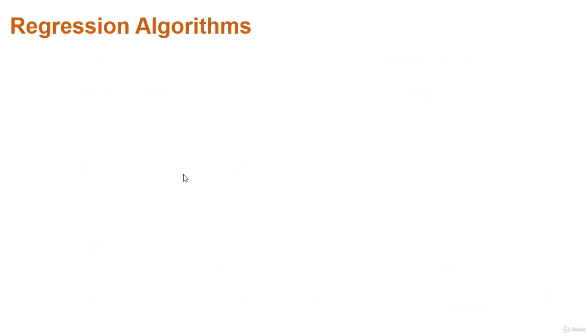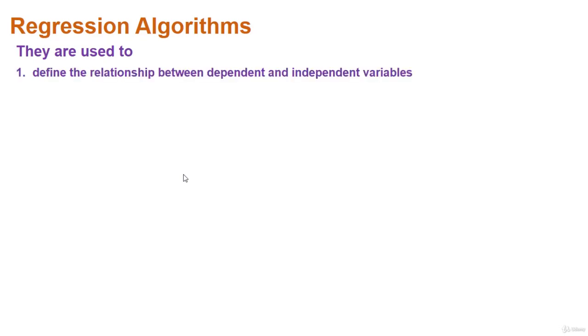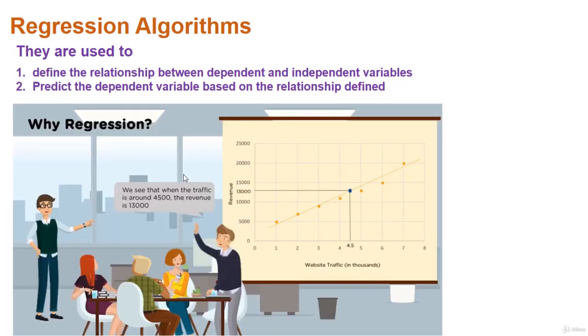So let us look at the regression algorithm. Regression algorithms are basically used to define the relationship between a dependent and an independent variable, and they are used to predict the dependent variable based on the relationship defined. Suppose you're working for a company that has a website, and this website brings revenue depending on the traffic. This is an example of a regression algorithm.